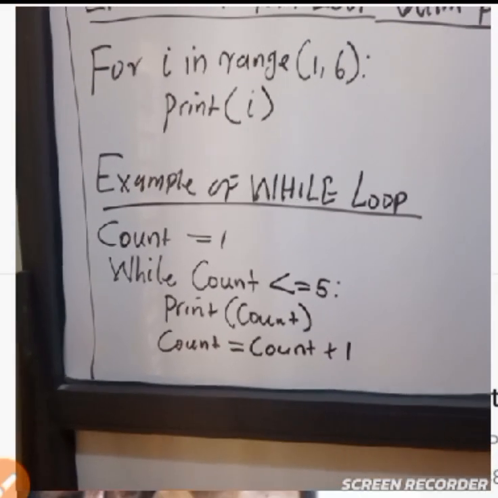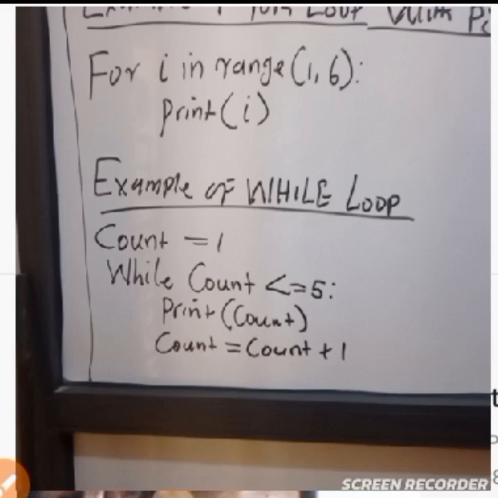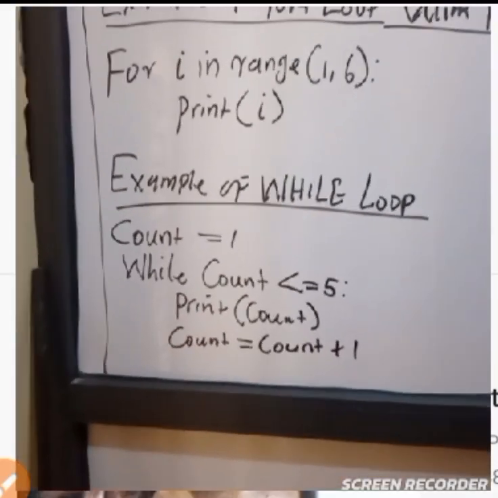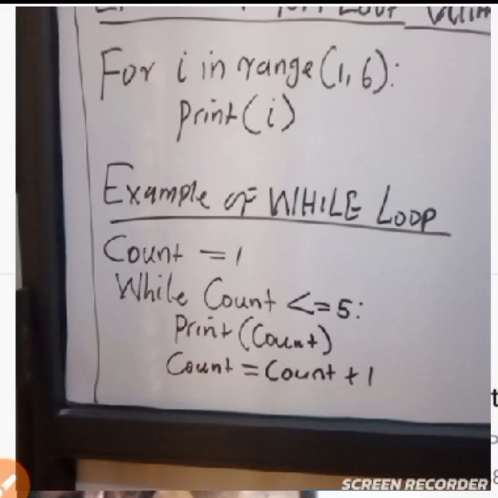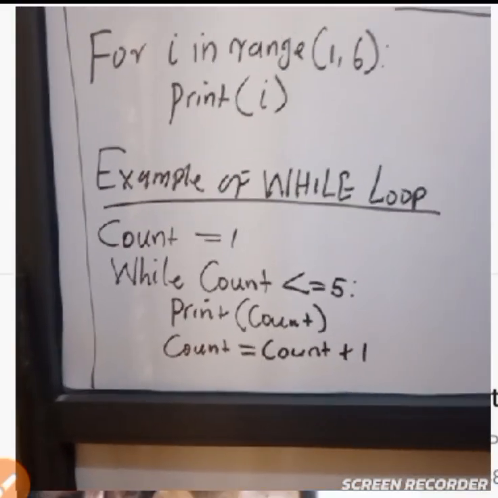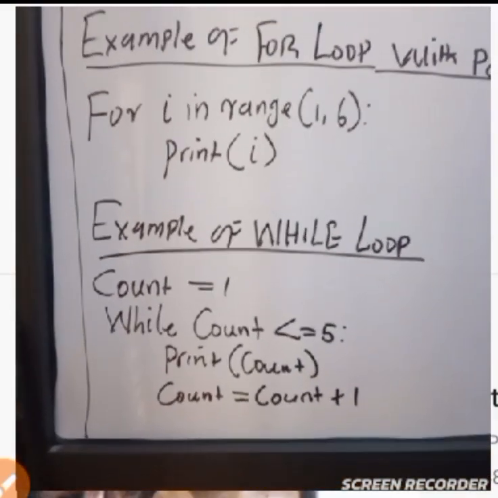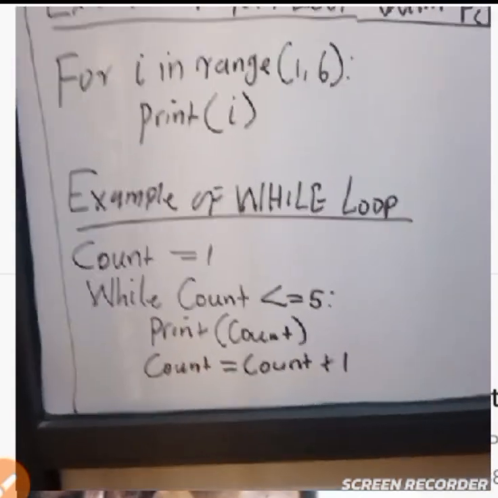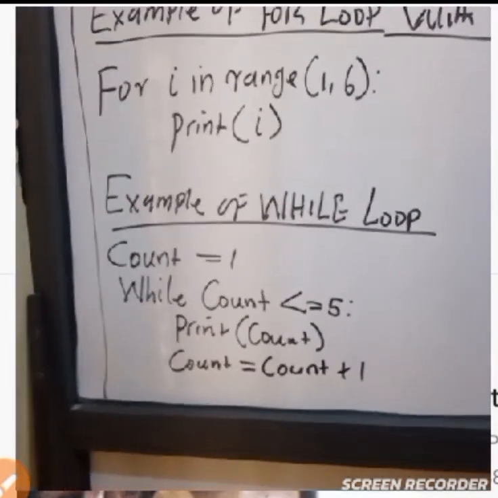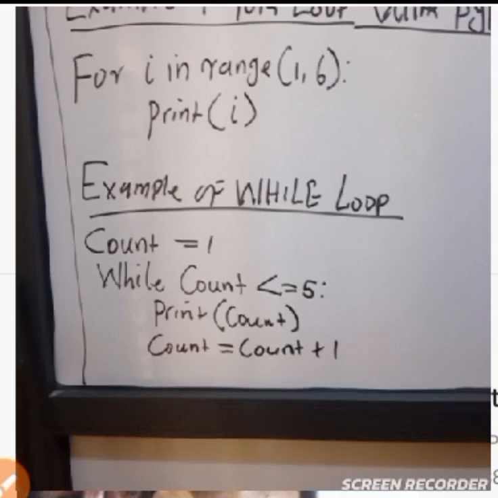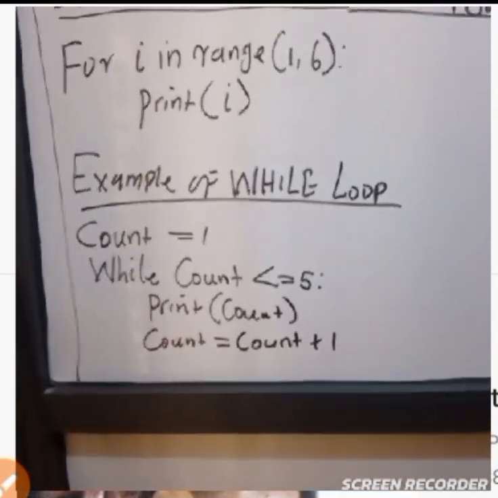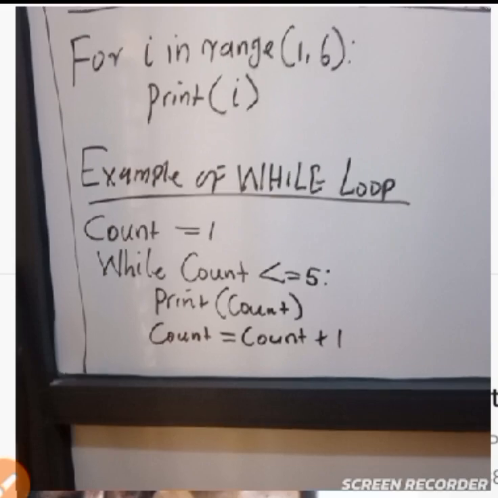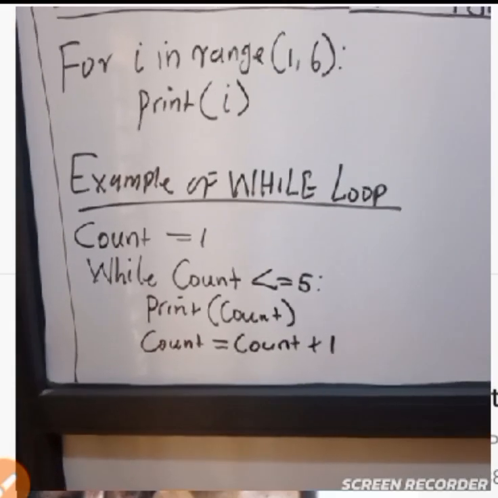Remember, you open your brackets and close them, put your colon, and then on the next line, print(i). So this loop prints numbers from 1 to 5. The loop stops automatically when the condition is no longer true.